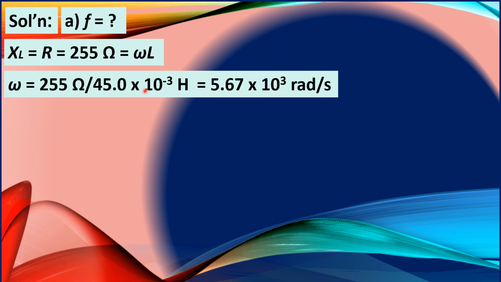Simplifying, we get omega equal to 5.67 times 10 to the third radians per second. And using the relationship between ordinary frequency and angular frequency, small f is just equal to omega divided by 2 pi. So that will give us a frequency equal to 902 hertz.